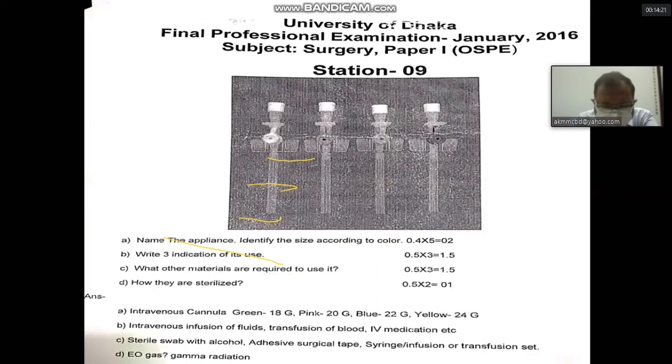Here is sterile swab with alcohol, adhesive surgical tape, syringe or infusion or transfusion set. If you say infusion set, that will be right, rather than transfusion set.